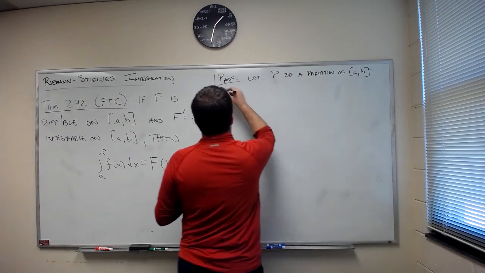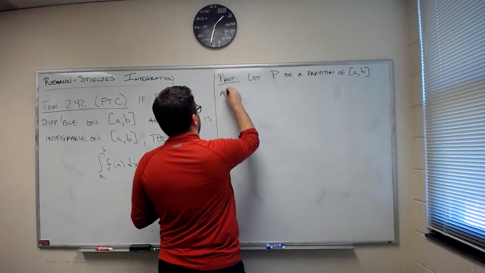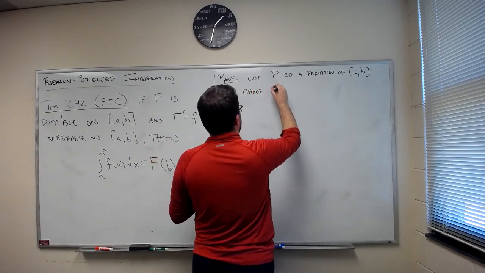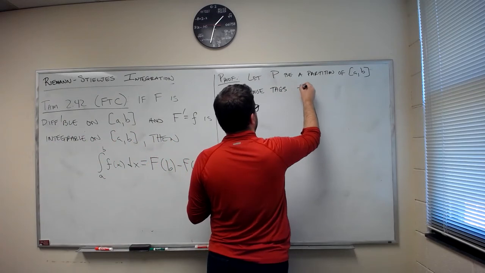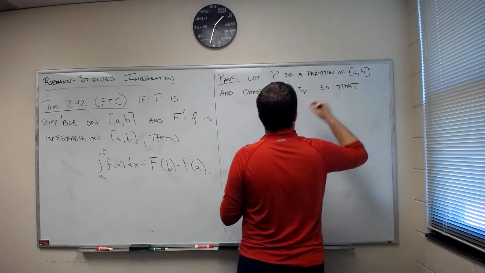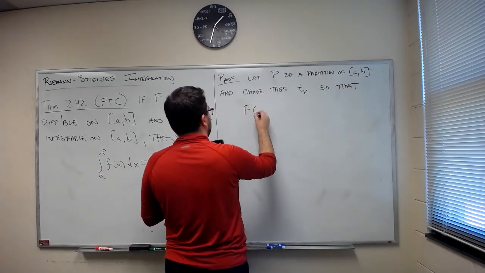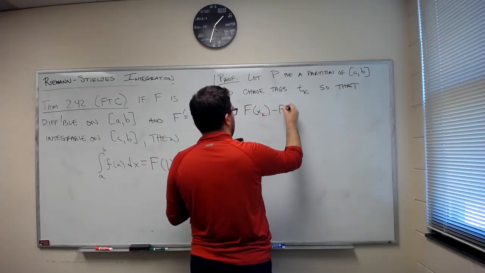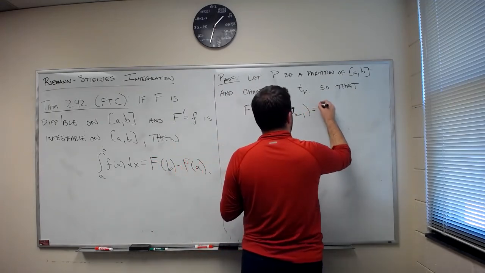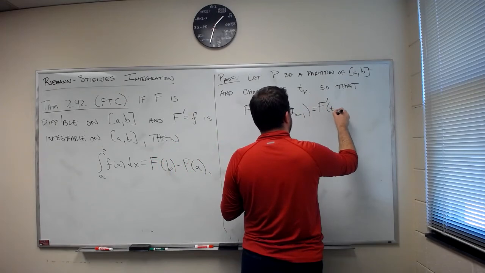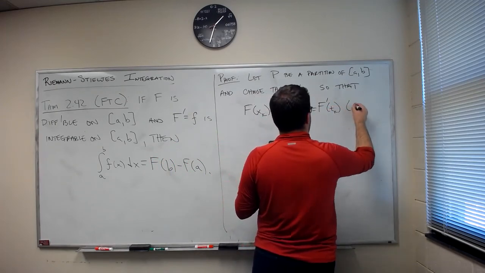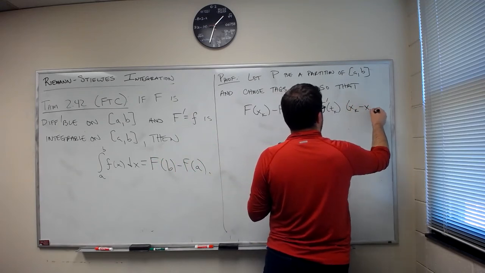I'm going to choose tags, which I'm going to call t sub k, so that capital F of x_k minus capital F of x_{k-1} is equal to capital F prime of t_k times (x_k minus x_{k-1}).